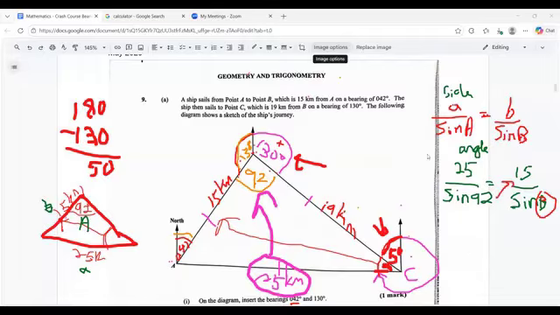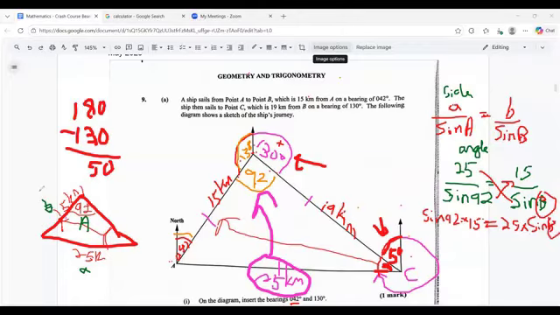So we're going with sine 92 multiplied by 15 is equal to 25 by sine B. Normally I like to put what I'm trying to find on the left hand side, but it doesn't really matter, so I can leave it right there. Next thing to do, we still have to get B by itself.